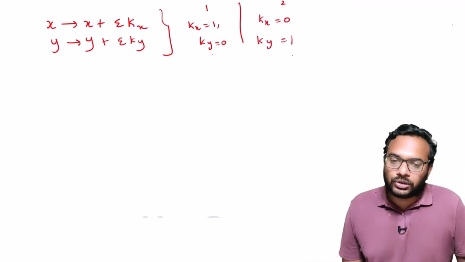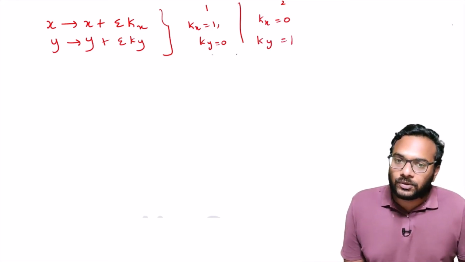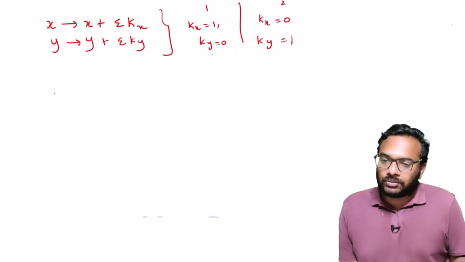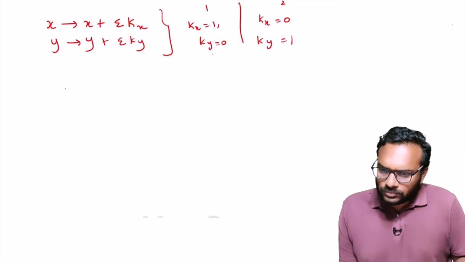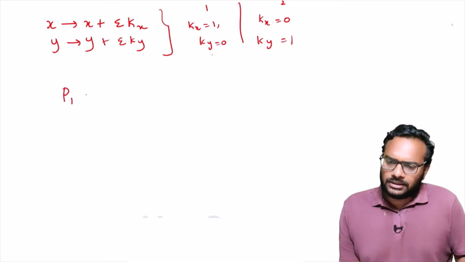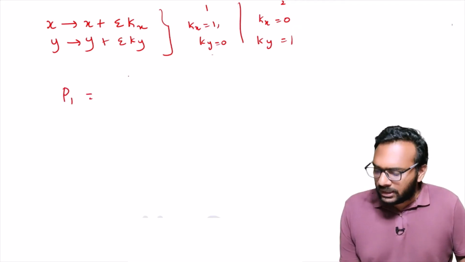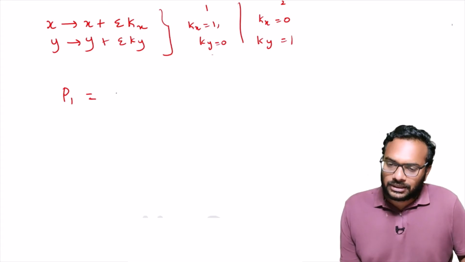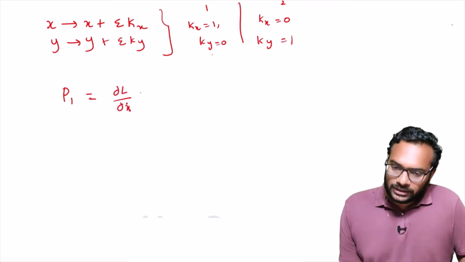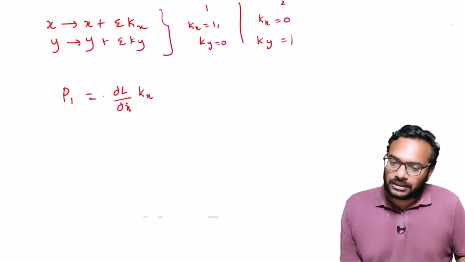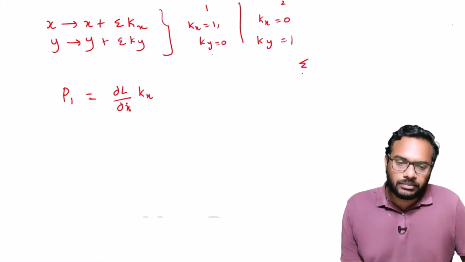So corresponding to each of these, we'll get a conserved quantity according to Noether's theorem. What does Noether's theorem say is the conserved quantity? The conserved quantity was the summation over i of ∂L/∂q̇i times ki.